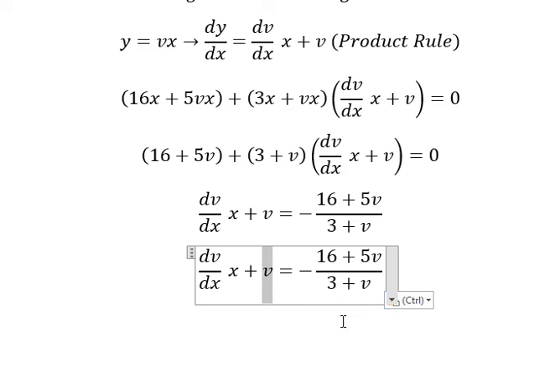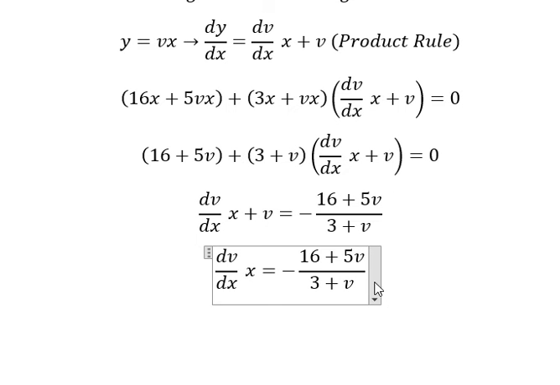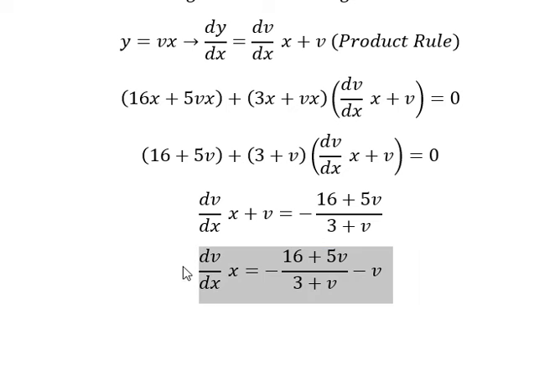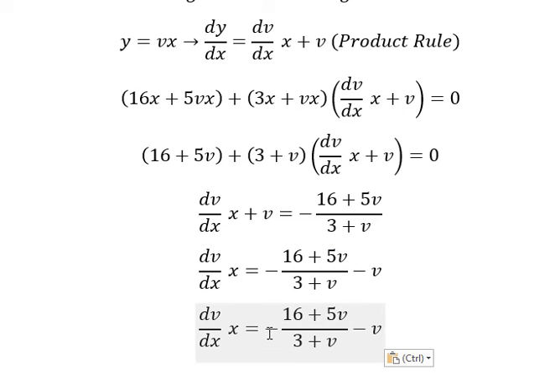Next, v I will put on the right. So negative and negative I will put on the left.